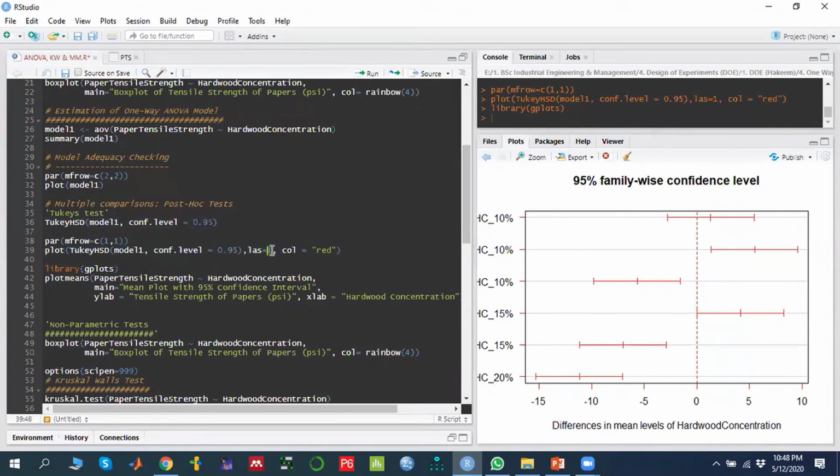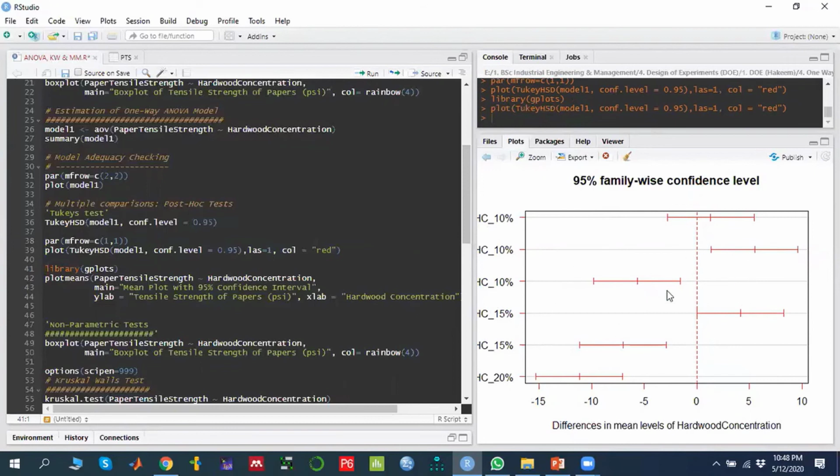So with writing down 1, the direction would be horizontal. You can try 2 or 3 to see what kind of direction you will see on the values of the x-axis as well as on the y-axis. And then the color means what kind of color you want to see on the graph, that is red. If I run this command, I am getting the Tukey's plot.